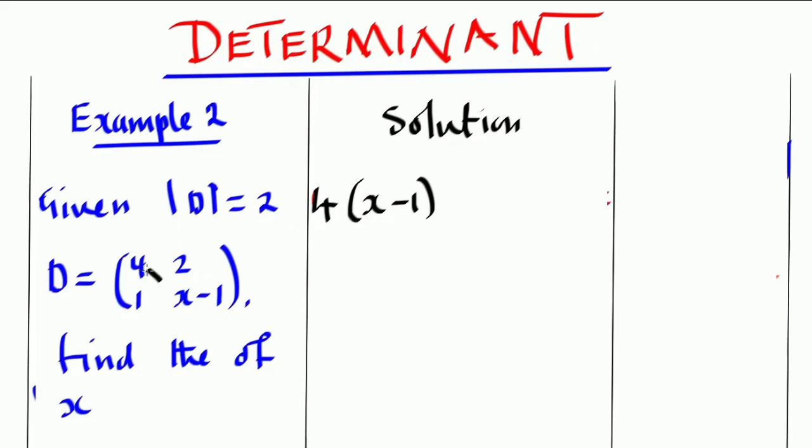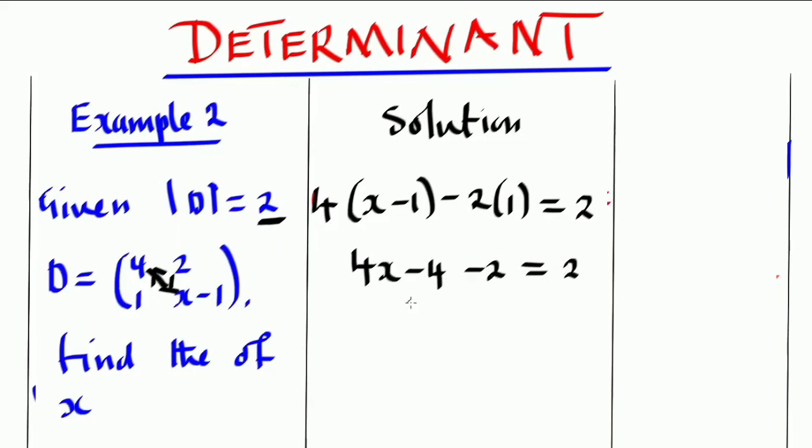So you multiply the major diagonal, 4 times this, and then you say minus 2 times 1, which is equal to the determinant we have already been given, which is 2. When we multiply, we shall have 4x minus 4 minus 2, which is equal to 2. We need to solve this equation.